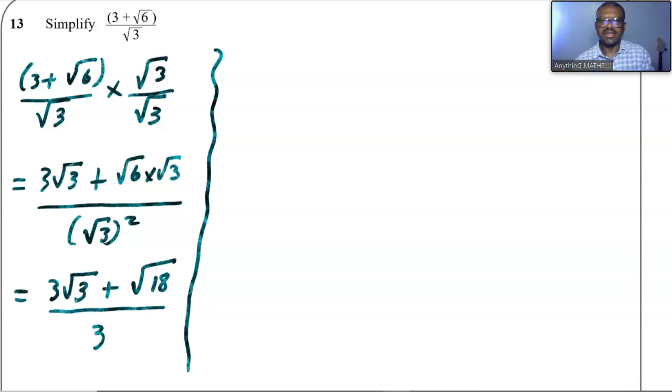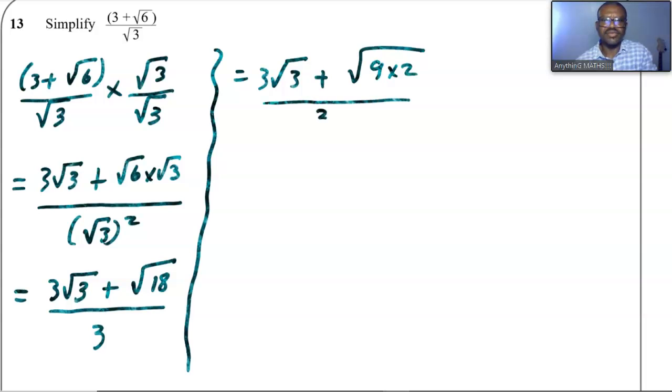Remember, 18 can be written as 9 times 2. So we're going to have 3 root 3 plus root 9 times root 2 all over 3. Let me go slowly.